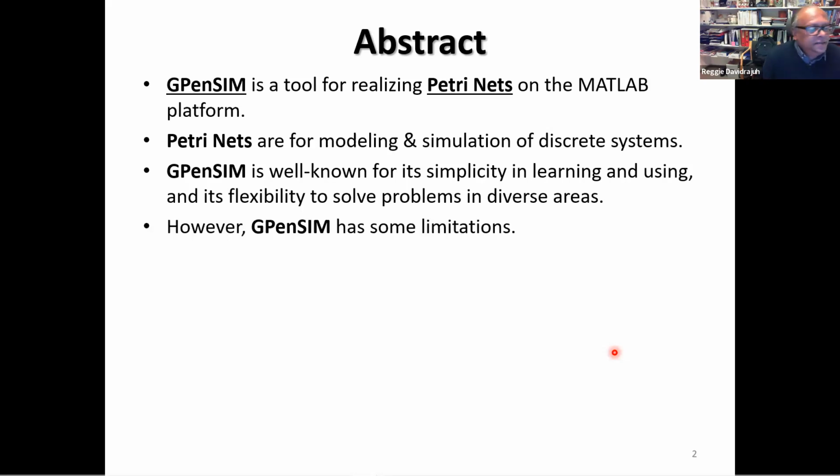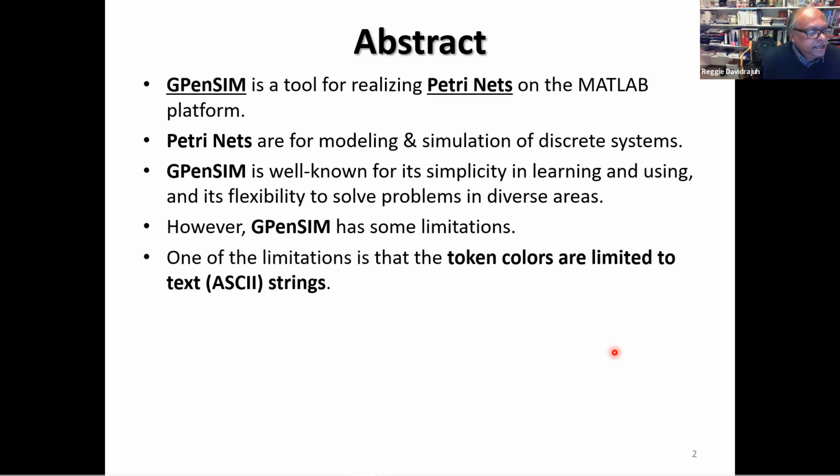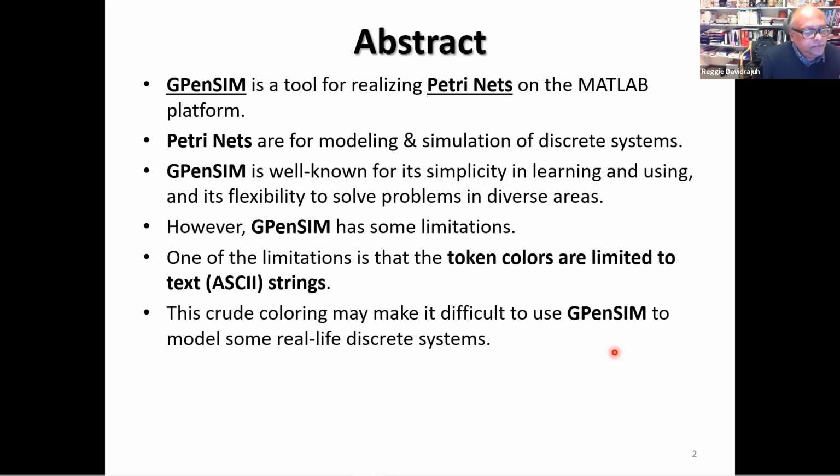However, GPenSim has some limitations. One of the limitations is that the colors of tokens are only ASCII strings, only text strings. Because of these limitations, GPenSim was not able to be used for modeling some real-world problems. So this paper is about how we can solve that problem.